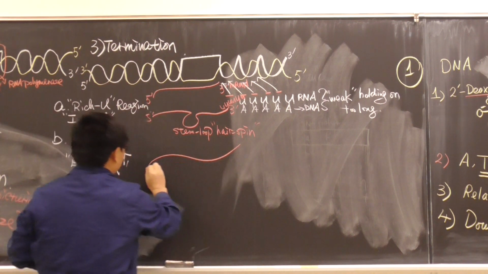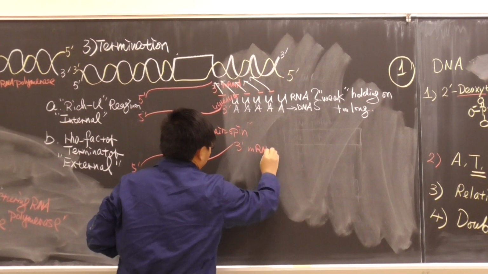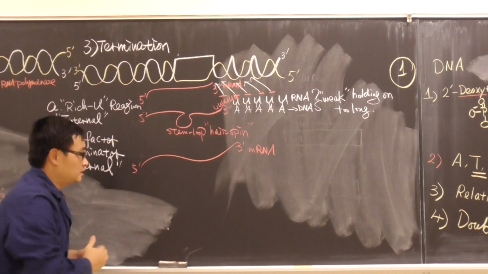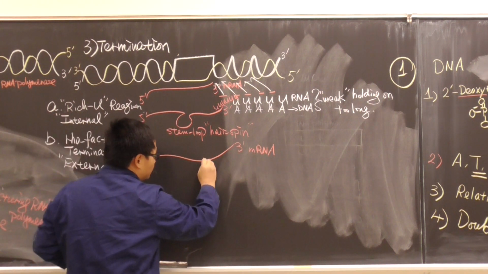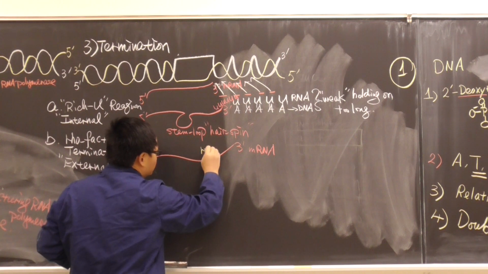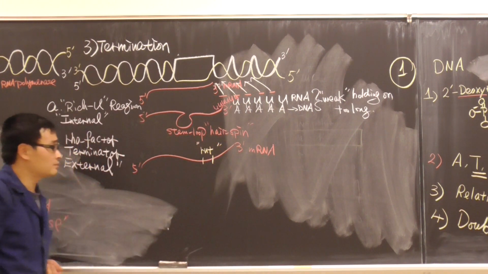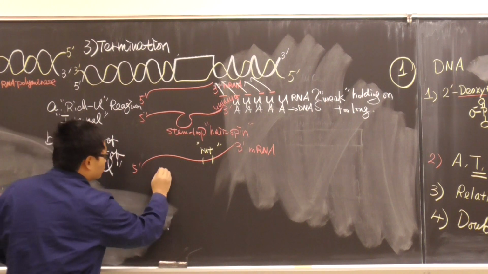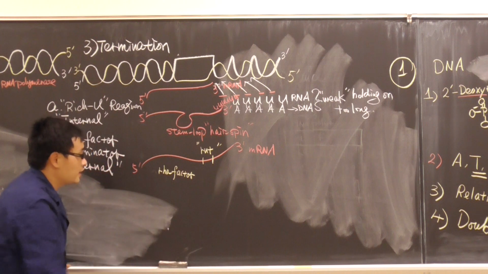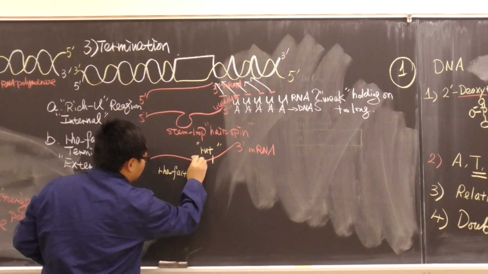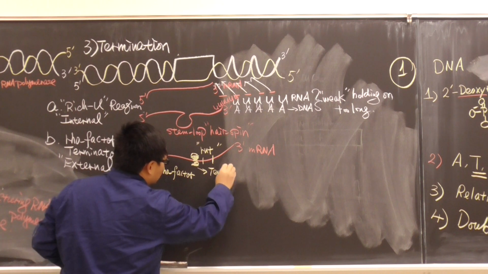Now you have this 5' to 3' mRNA coming out. This chain is going to become very, very long. You're going to have an area called the rut sequence. Once this rut comes out, what's going to happen? This Rho factor will be initiated. And then they start to generate some chemical like this. This is a terminator.